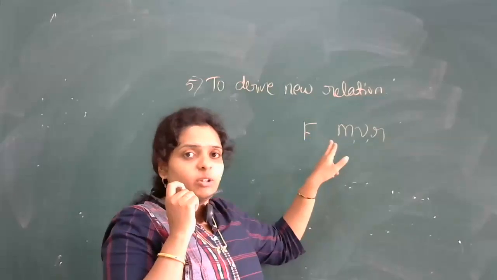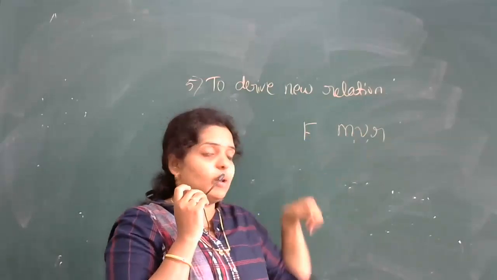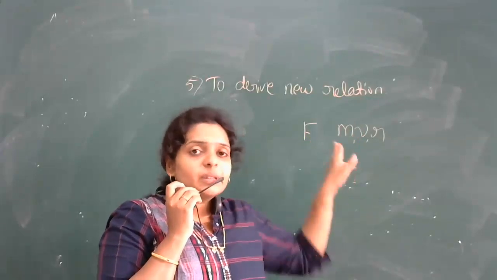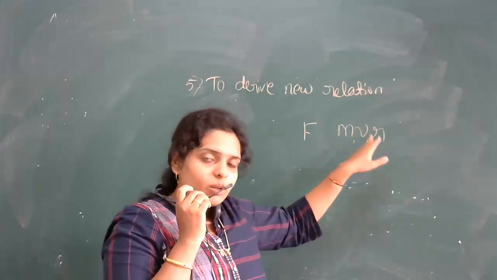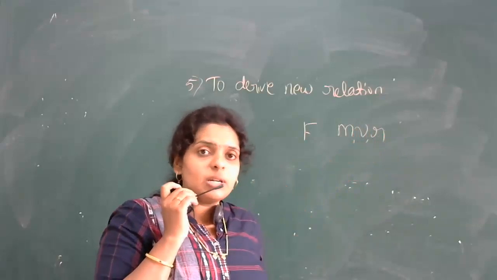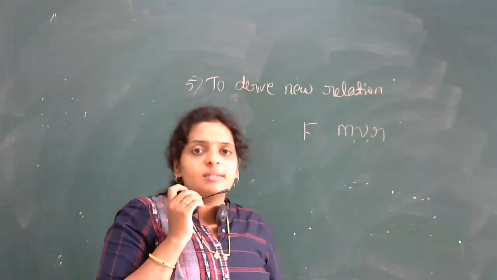Derive the relation between force, mass, velocity and radius of the circular path. So by using the dimension analysis method, derive the relation between them.